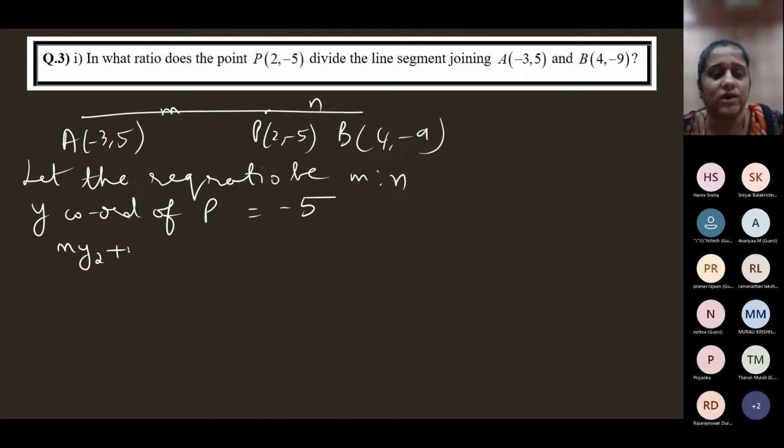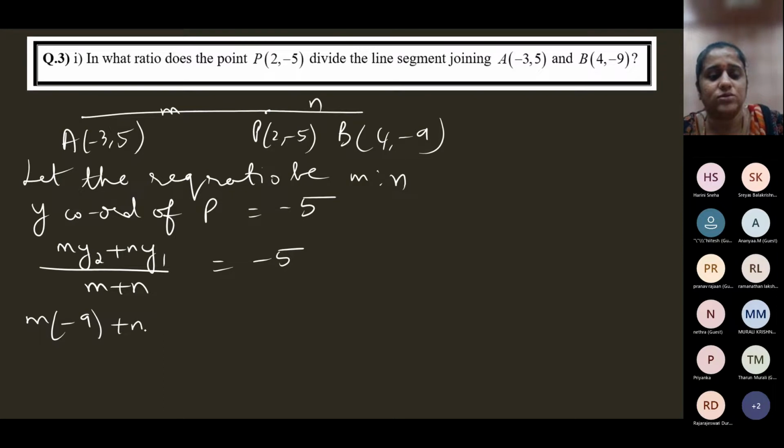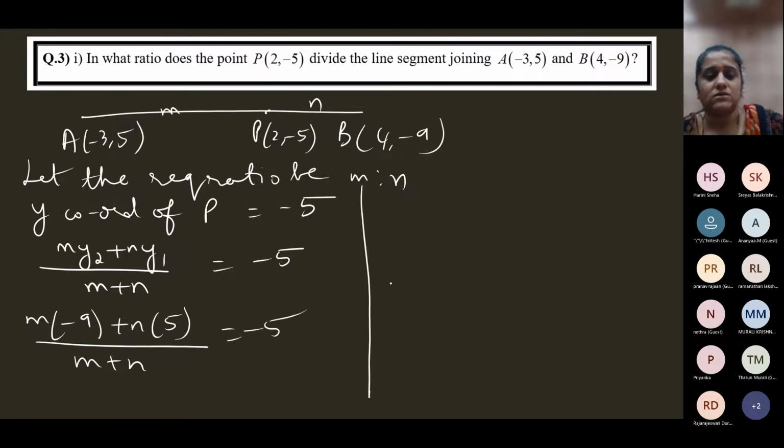My2 plus ny1 by m plus n is equal to -5. So m into -9 plus n into 5 by m plus n is equal to -5. Cross multiplying, you get -5m minus 5n.